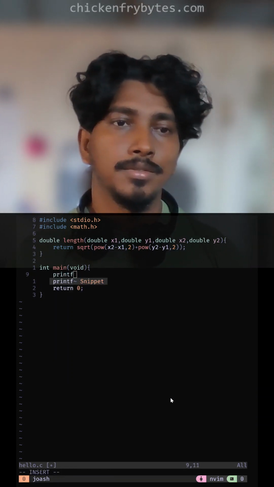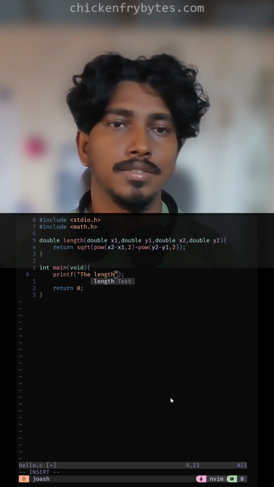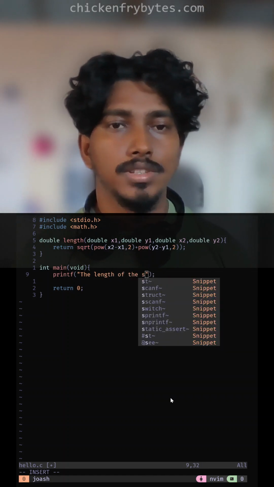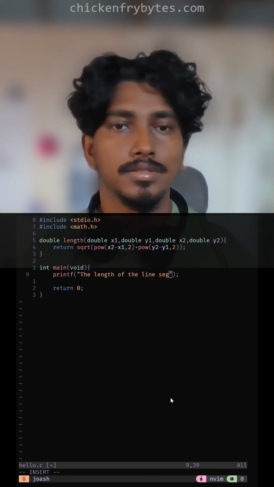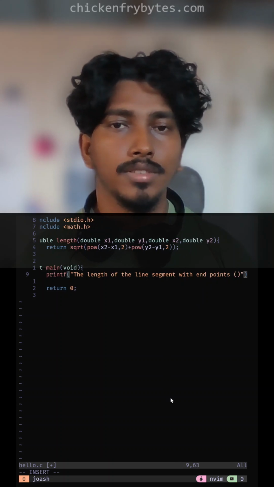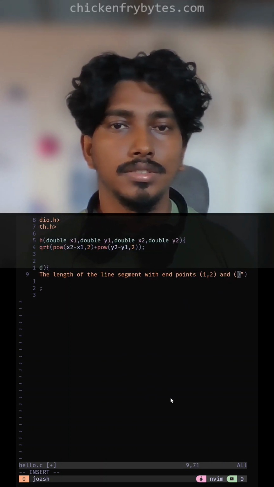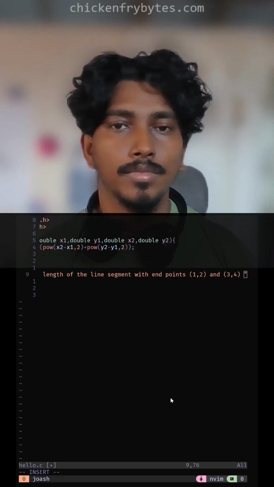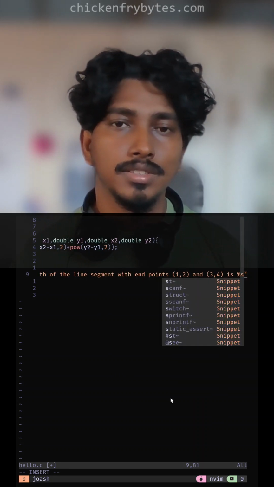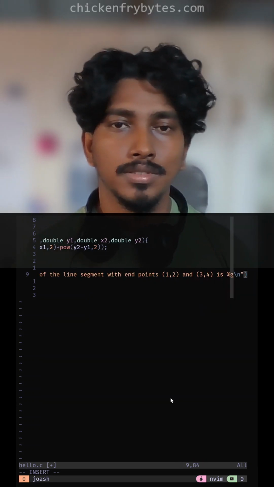So you can say printf, and we're not going to call our function. We're going to say the length of the line segment with endpoints, let's say 1, 2, and 3, 4 is, say, percent G because that's the placeholder for doubles.